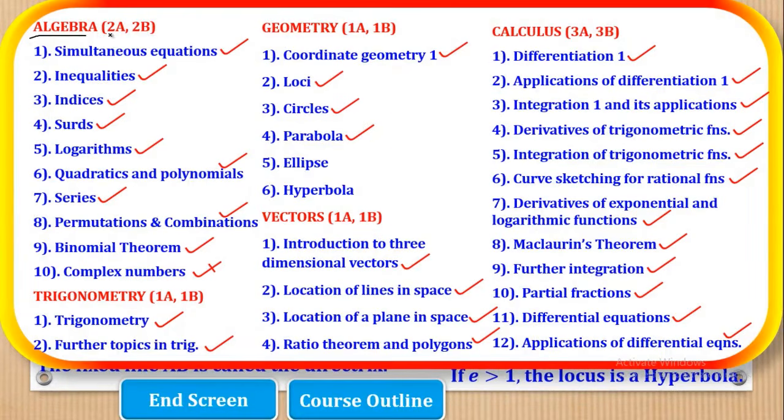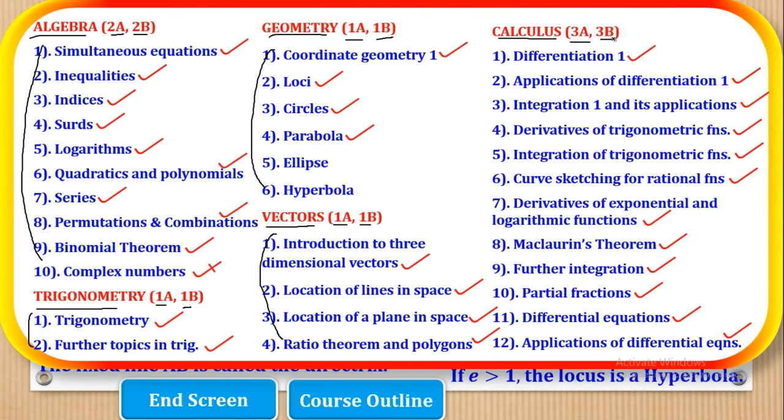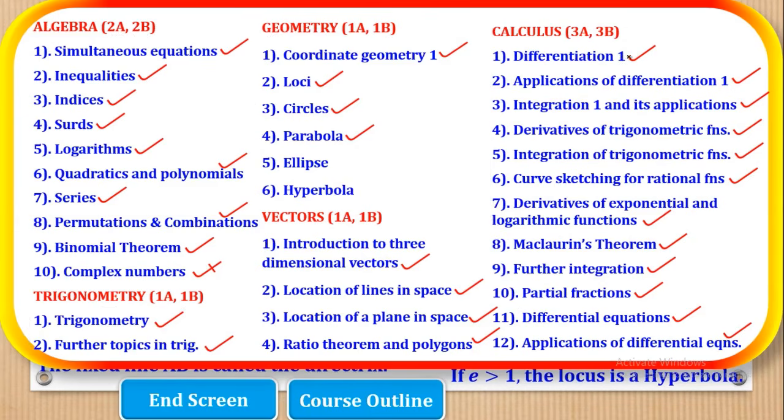The first part is algebra, where 2 questions come in section A and 2 in section B. The second part is trigonometry, where 1 comes in section A and 1 in section B. The third part is geometry, where 1 comes in section A and 1 in section B. The fourth part is vectors, where 1 comes in section A and 1 in section B. And the last part is calculus, where 3 come in section A and 3 in section B. The topics which are ticked are already available on this platform.